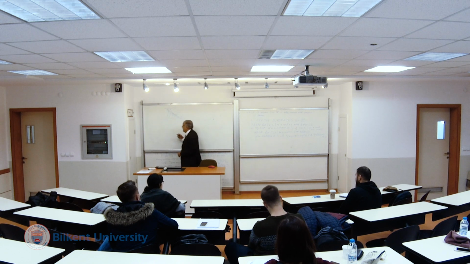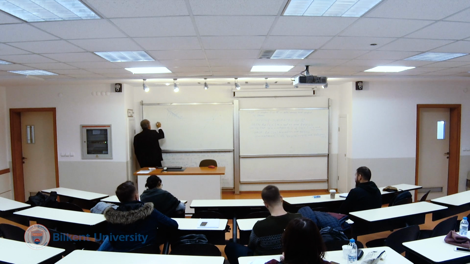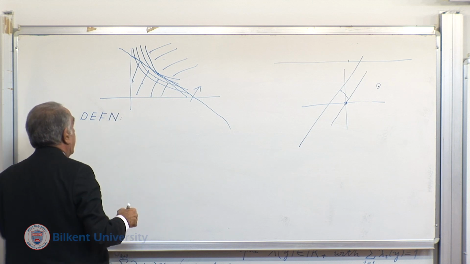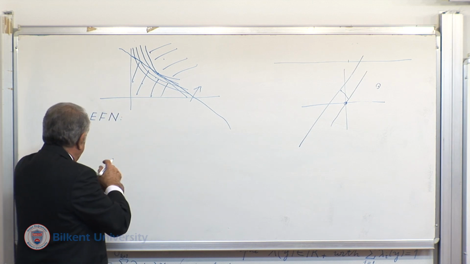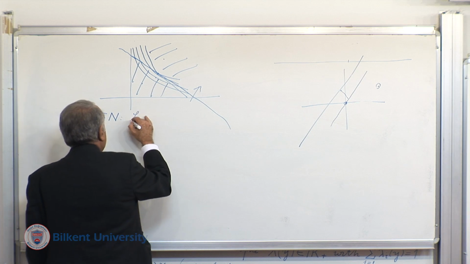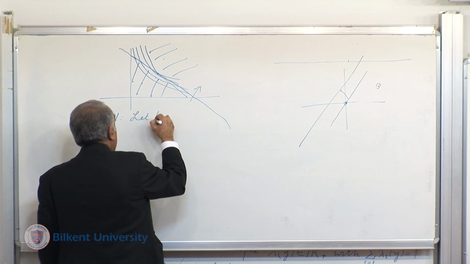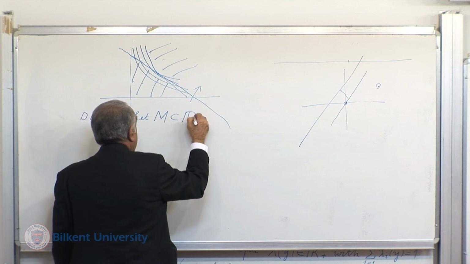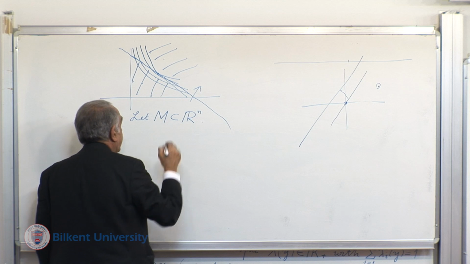Now we can start with the definition of an affine subspace. Let M be a subset in Rn.